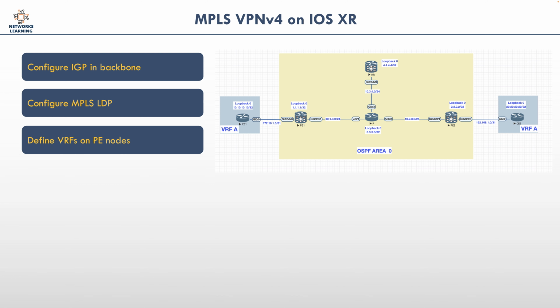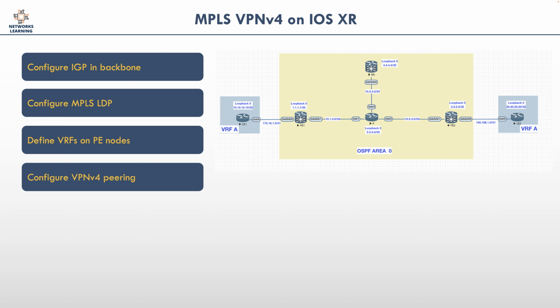The next step will be to define the VRF on the PE nodes. So we will be defining and configuring VRFA on PE1 and PE2. The next step will be to configure VPNv4 peering. So there's two ways this can be done. Either we configure a peering session between PE1 and PE2 directly.